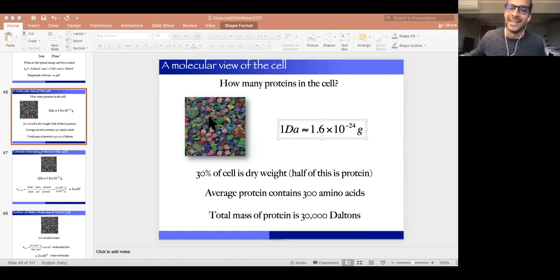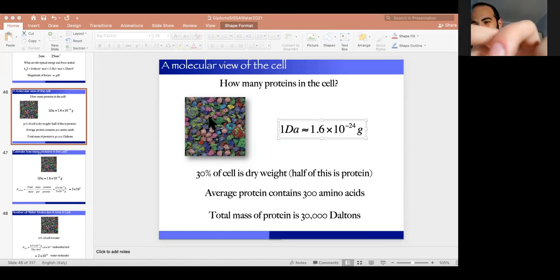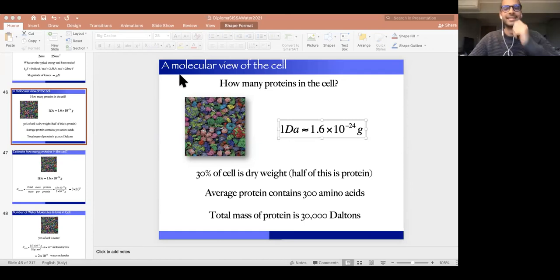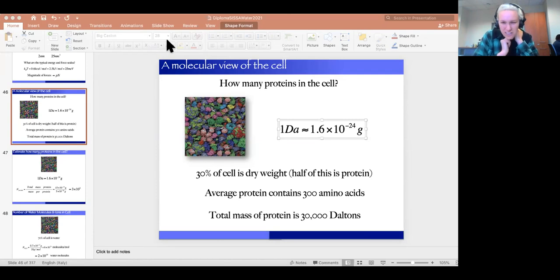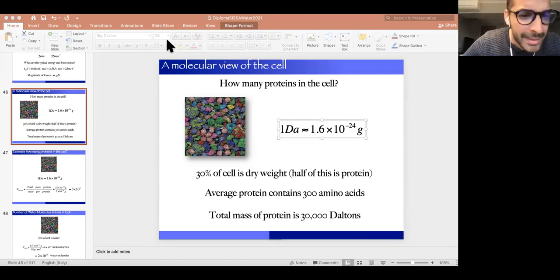Okay, the question was the number of water molecules, right? Exactly. I get 10 to the 13. 10 to the 13. So just walk me through how you got it.